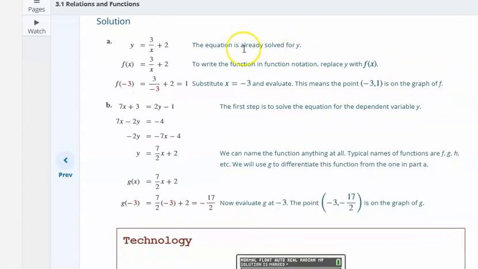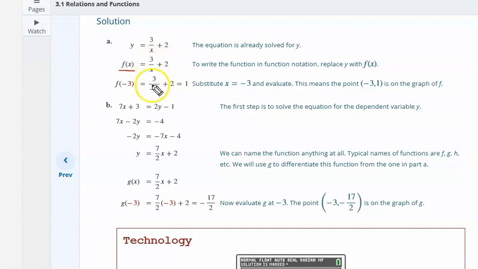So for letter A, you might say, how would I write that in function notation? Well, I'm just going to replace the y with the function symbol. Now, they'd like you to also evaluate this where our x value, which is in this case a -3, is to be put wherever there's an x in the system.